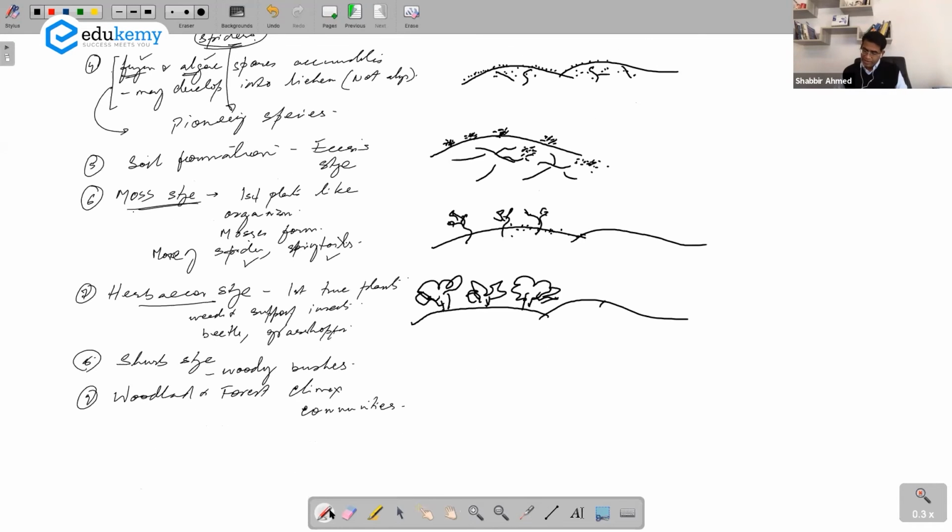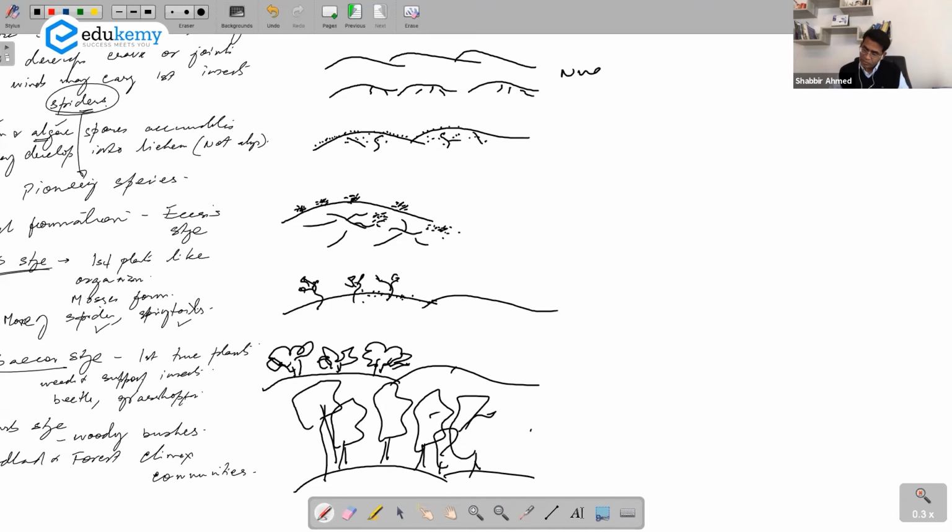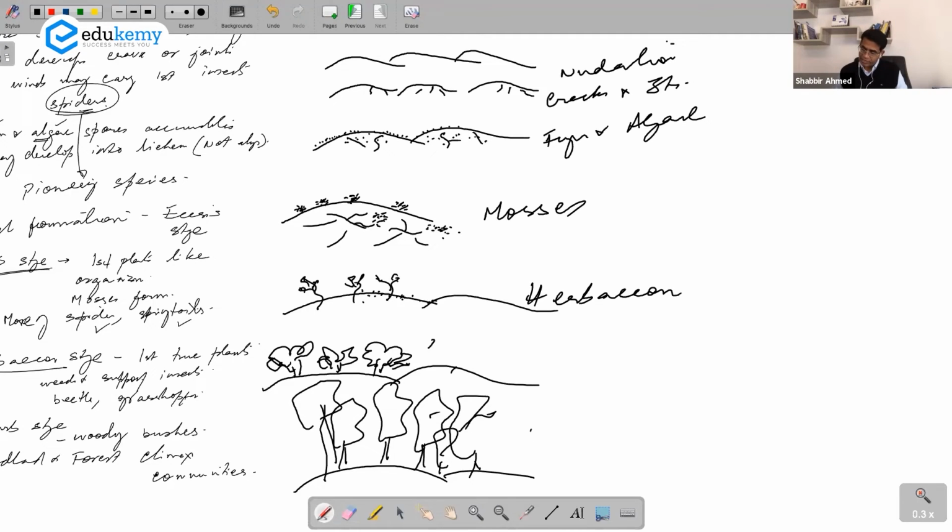And finally, you have the tall trees: nudation, cracks and joints, fungus and algae, mosses, herbaceous stage, the shrub stage, and forests and woodland.